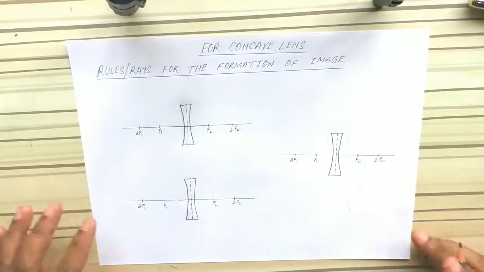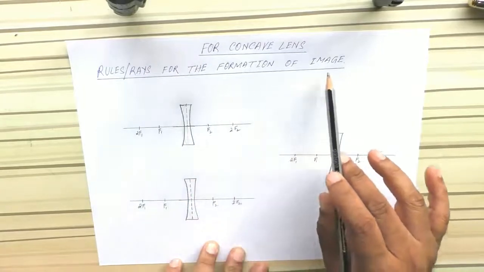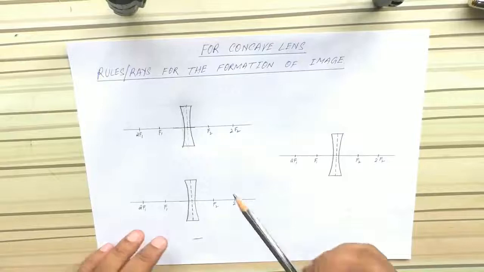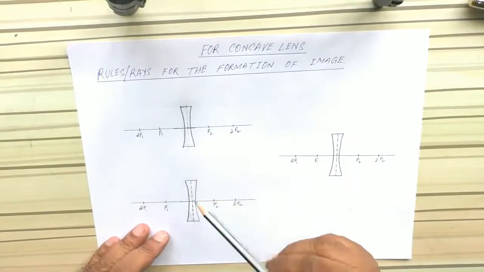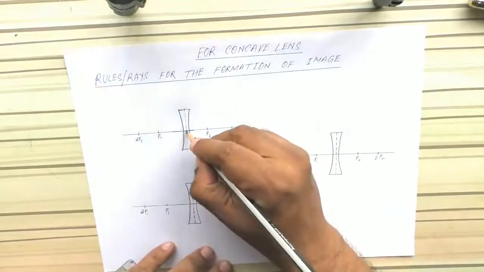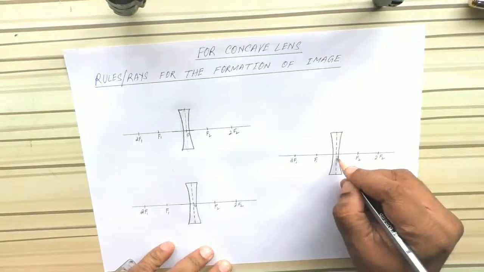Now we'll discuss 3 important rules or rays for the formation of image by concave lens. As you can see, I have already drawn a concave lens with principal axis and different markings. The center point here is the optical center.